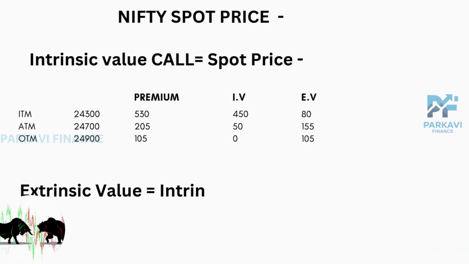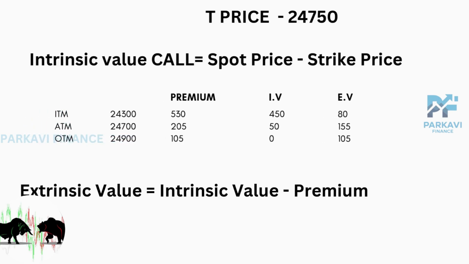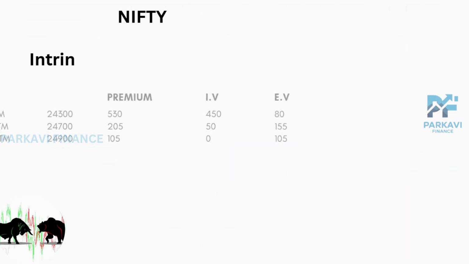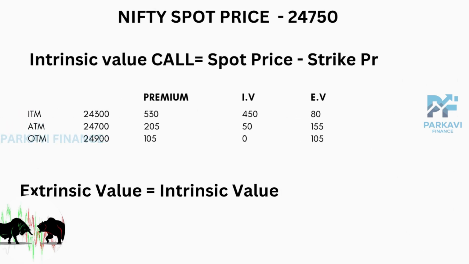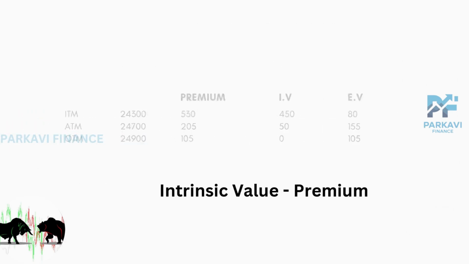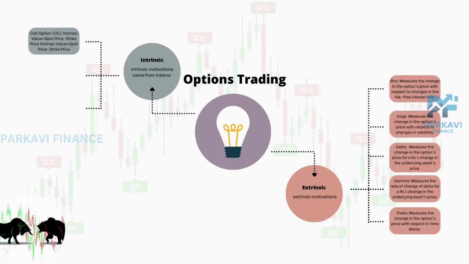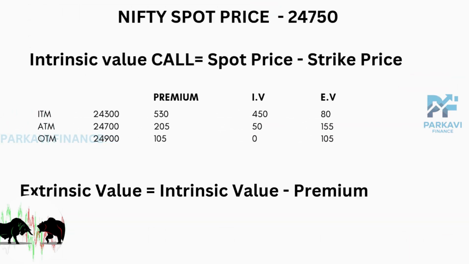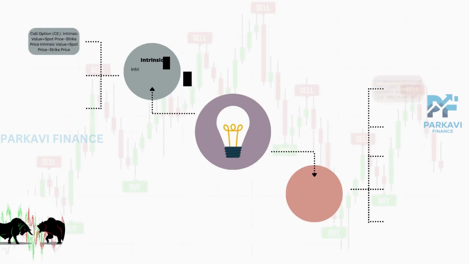Example: Nifty spot price is currently 24,750. For the ITM, in the money option, strike 24,300, premium value 530 and IV 450. How come 450?